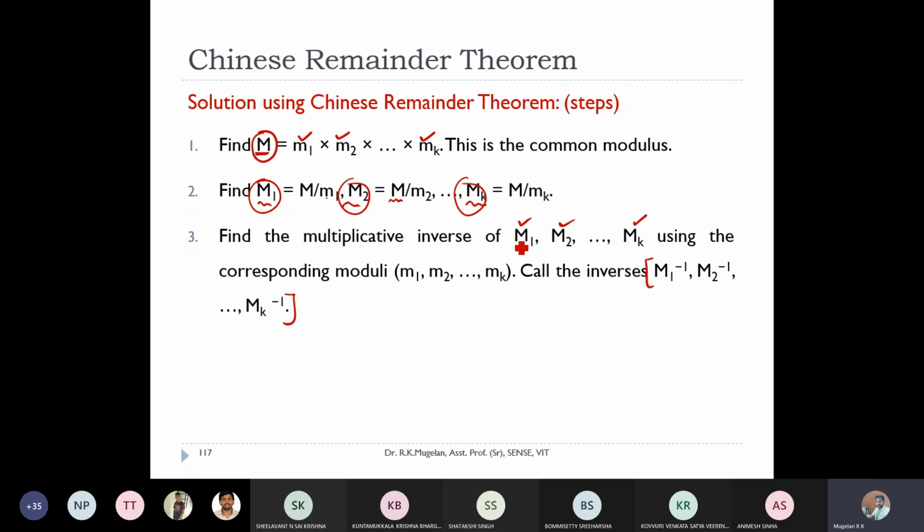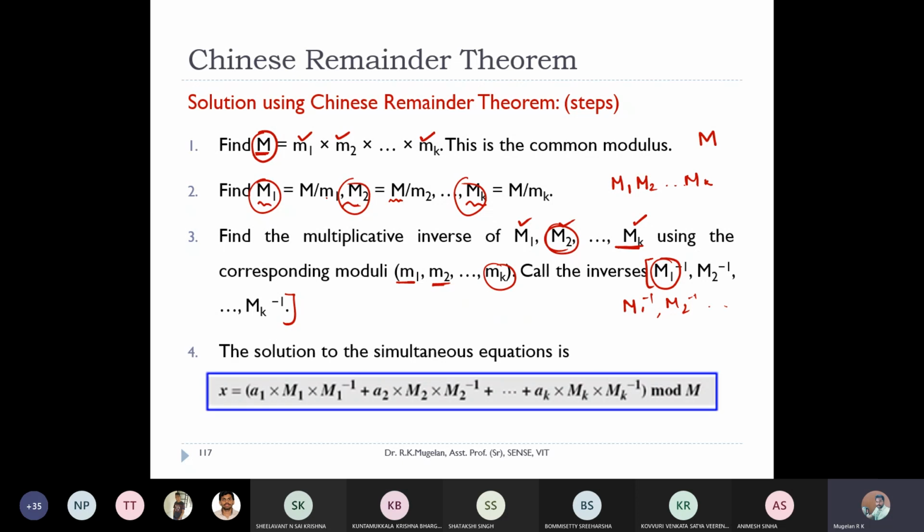That is, the multiplicative inverse of M1 with respect to small m1, the multiplicative inverse of capital M2 with respect to small m2, and likewise the multiplicative inverse of Mk with respect to small mk. So now we have three sets of values: capital M, capital M1, M2 up to Mk, and the multiplicative inverses of M1, M2 up to Mk.